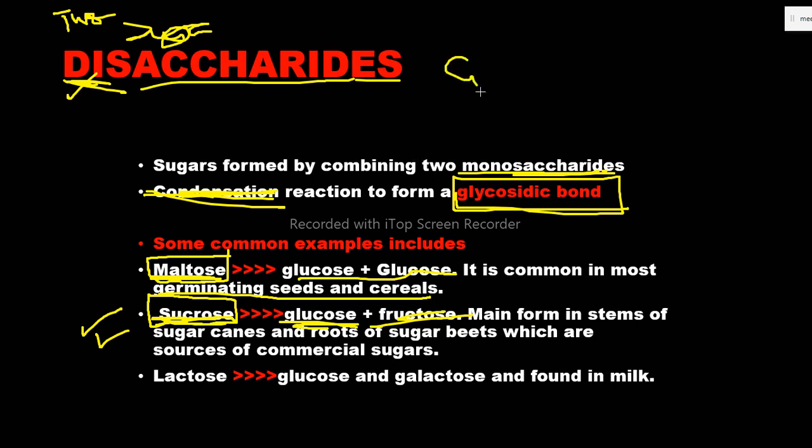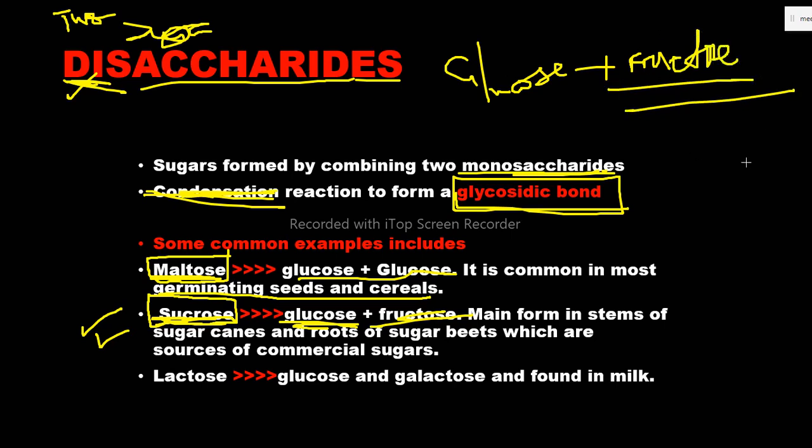You have your glucose, and the glucose condenses with fructose. Then what is formed is the sucrose, and this is what came in your practical. They gave you this, and they want you to do some chemical tests.